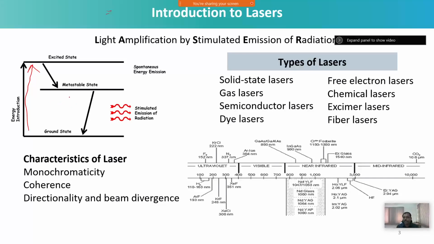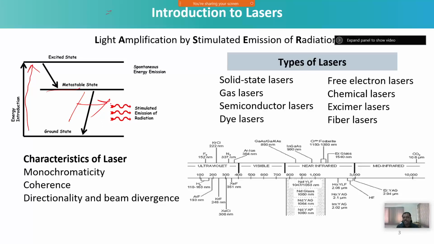It will try to come back to either the metastable state or the ground state. During that reversal, it emits a photon. So basically, laser is a photonic emission. We can imagine this electromagnetic radiation as packets of photonic emission. That kind of emission is called spontaneous emission.